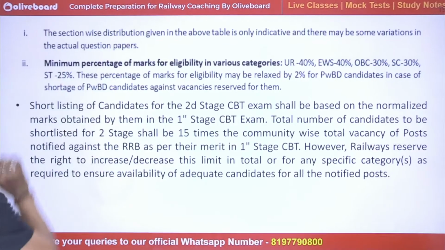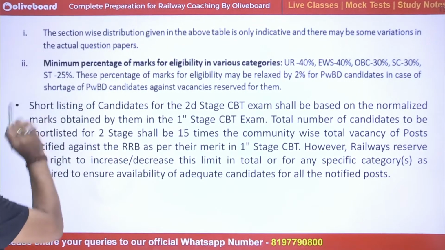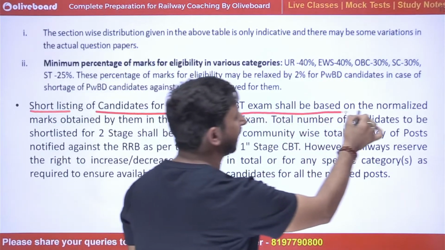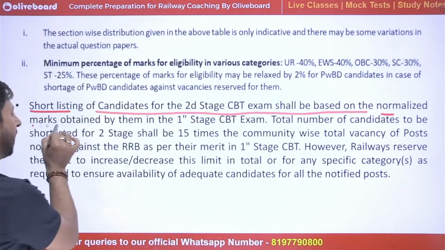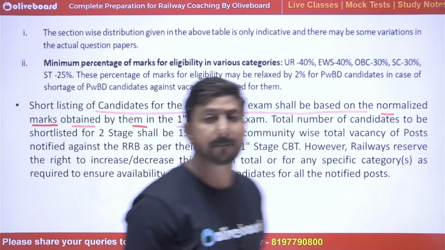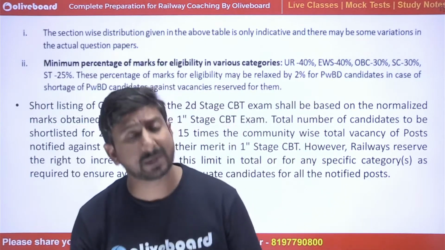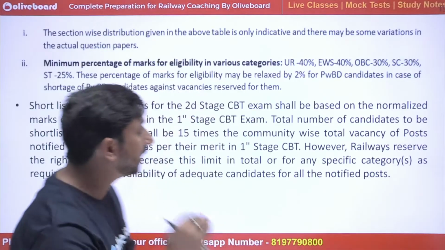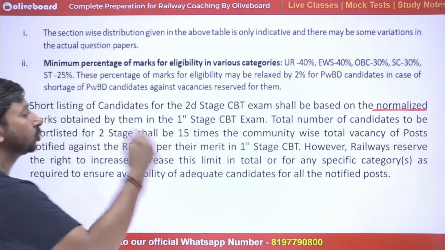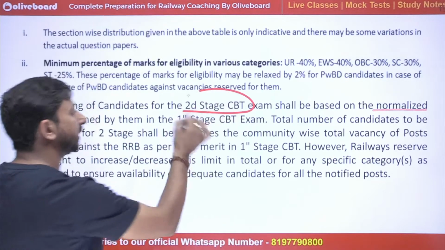It is very clearly mentioned in this notification that shortlisting of the candidates for the second stage CBT exam shall be based on the normalized marks obtained by them in the first stage CBT exam. That means whatever marks you get in your CBT 1 exam will be normalized for the shortlisting of candidates for the second stage CBT.